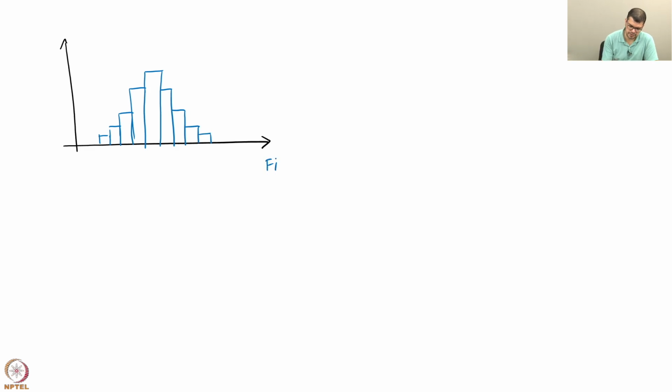This is fitness and this is number of individuals. Now, if we look at this a little more carefully, this distribution looks like a normal distribution, it may not be a normal distribution, but it does not change the principles of what we are saying.